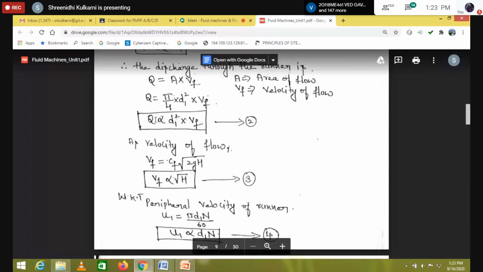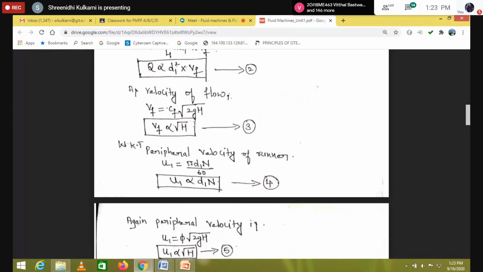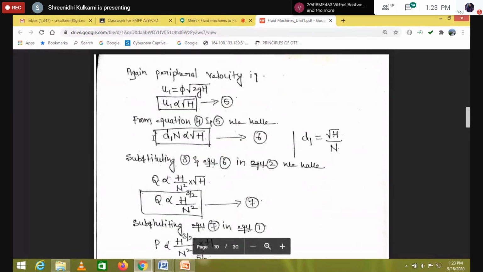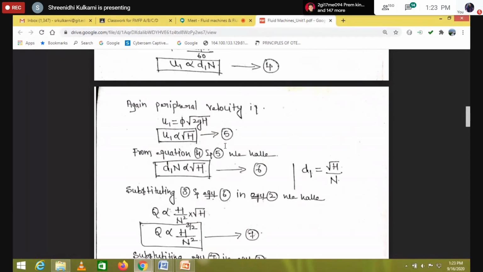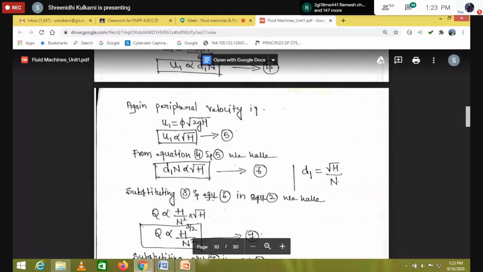I will repeat once again. This is equation 2: Q is directly proportional to D square and flow velocity. You just see what we are substituting, equation 3 and equation 6. This is equation 6, and this is equation 3. So we go on substituting in equation 2.